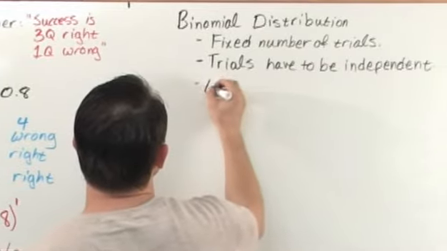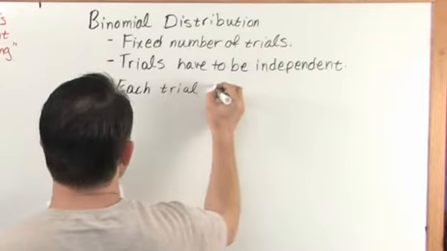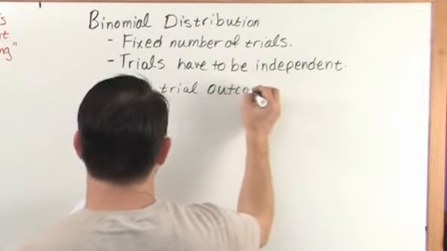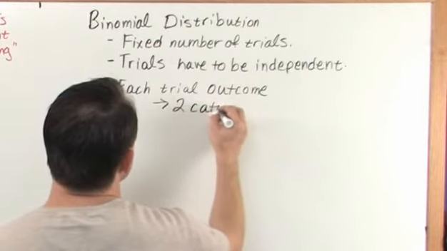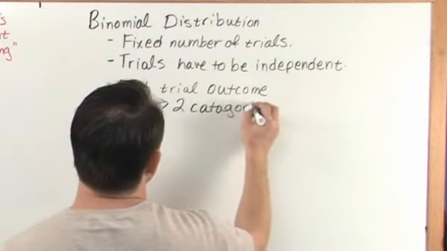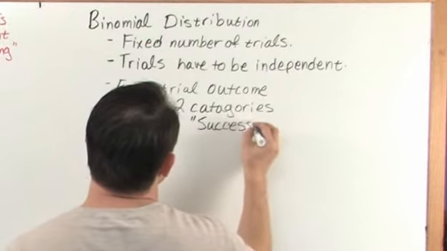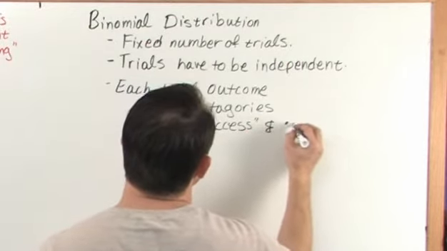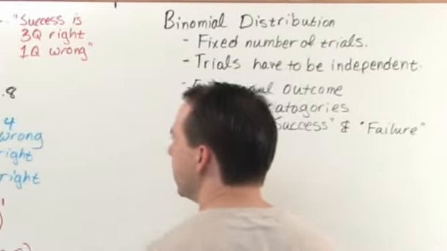Okay? Each trial outcome must go into 2 categories. And we're calling these success and failure. Again, relating it back, it's really easy to understand.